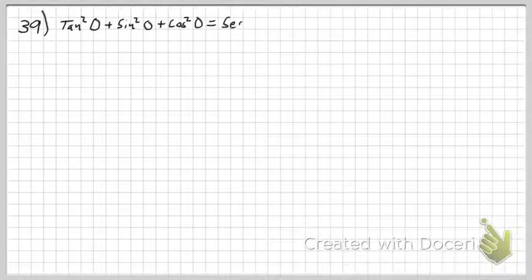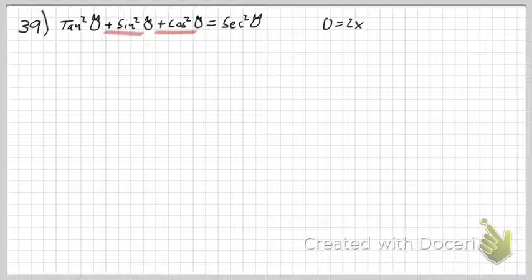Okay, let's take a look at number 39. And 39 has sort of a weird argument. They call it 2x. Instead of 2x, I'm just going to use, I don't know, a little kitty cat face here or something.